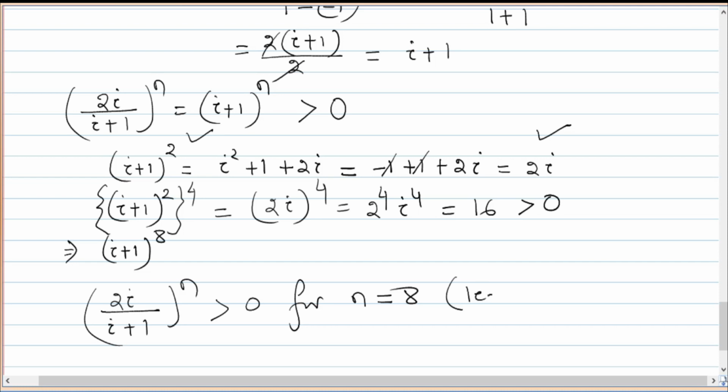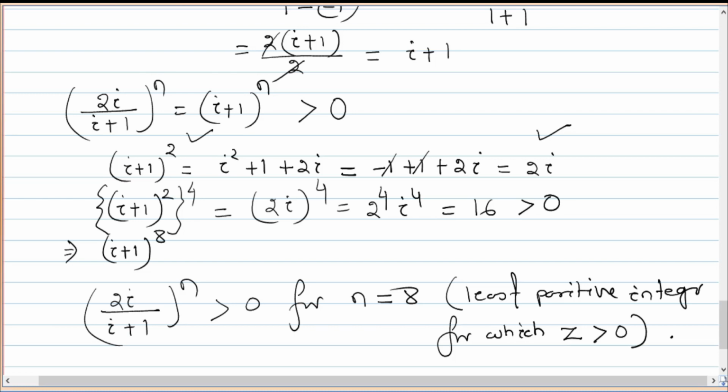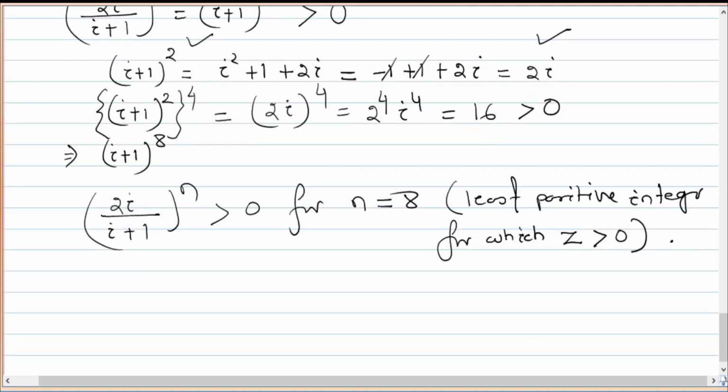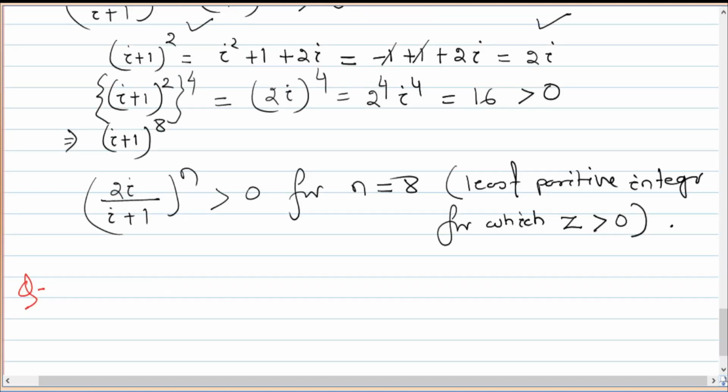This is the least positive integer for which z is greater than 0. Okay, that's your answer. Now we'll take the next one, question number 4.